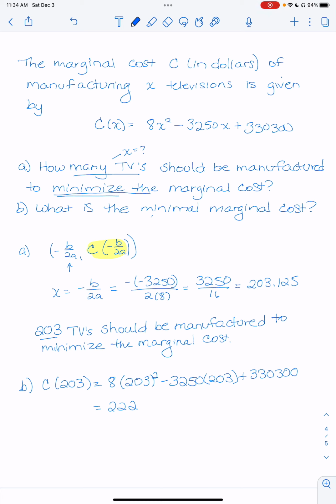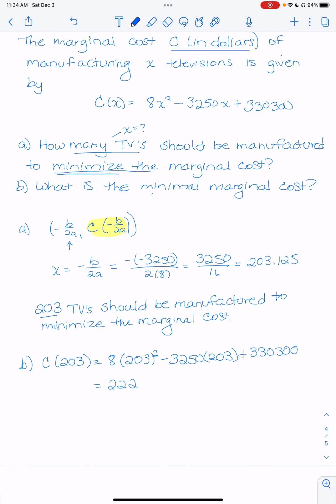So I want to make sure, because my cost, remember, is in dollars from up here at the top, I want to make sure that I say the minimal marginal cost is $222.